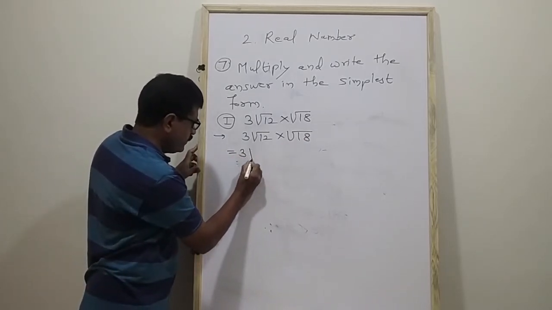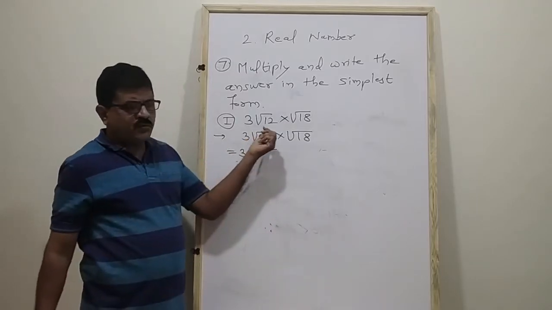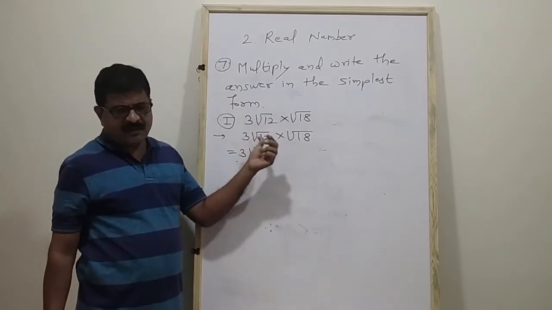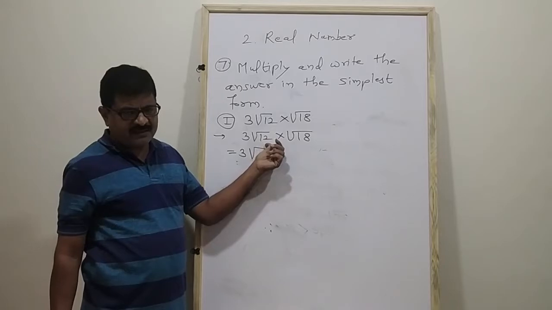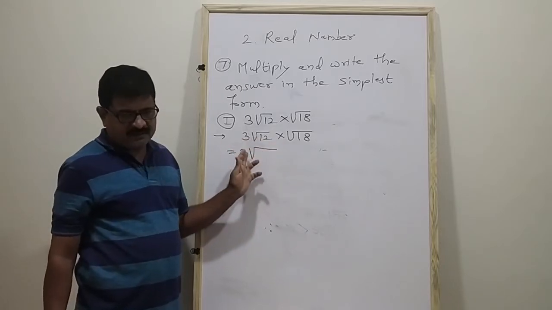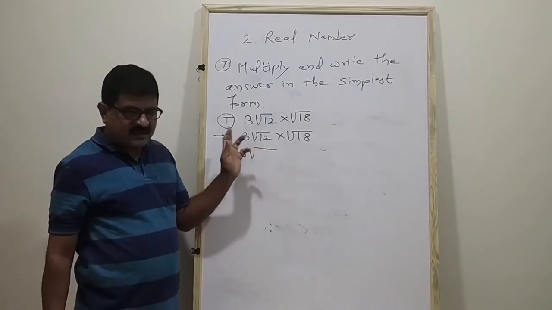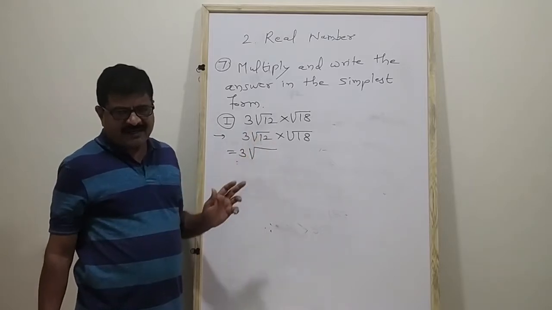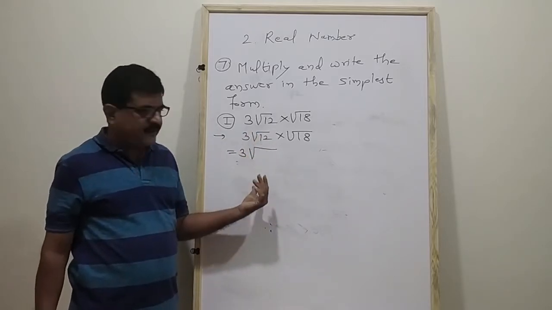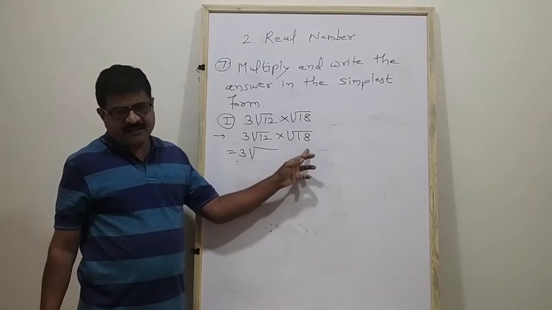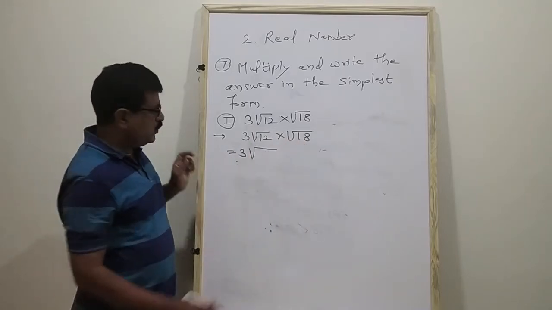3 into, now write down 12. Now write down factors of 12, as we have to take square root of this. 12 ke factors 4 into 3 likhte hain na, jaise aap square root katte hain. 18 is written as 9 into 2.